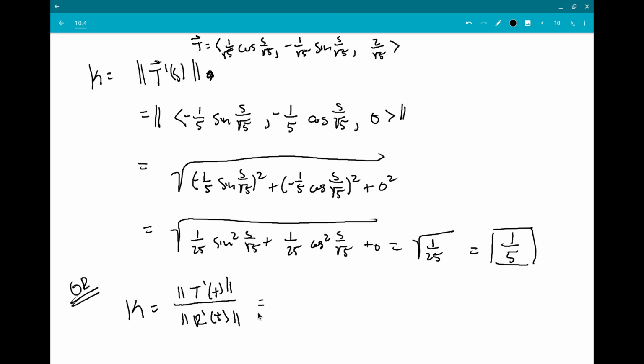Or if you don't even want to compute T prime of t, you can compute it using the magnitude of r prime cross r double prime, divided by the magnitude of r prime, cubed.